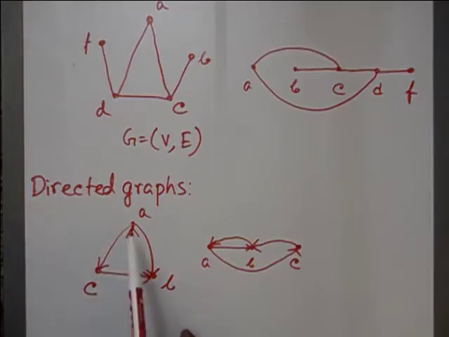Directed graphs are used to model call graphs. So let's say these are 3 people, A, B and C. If A makes a call to C, it can be represented as an edge from A to C. So for A it's an outgoing call, for C it's an incoming call. So call graphs. Module dependency graph.